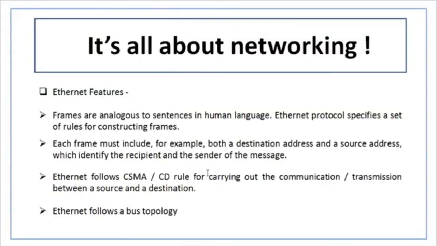And Ethernet follows a principle called CSMACD. This is the main principle, and let's see what CSMACD is. And the other point, I don't want to miss this point. Ethernet basically follows a bus topology. So what is that? Let me just bring that up.